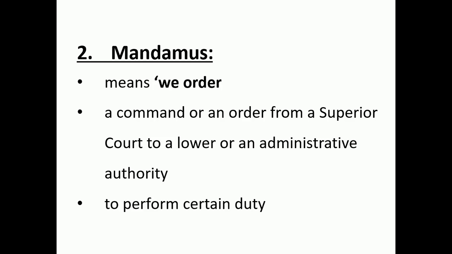That's why it has the meaning we order. Mandamus means we order. So I hope that you have got a very clear picture about the second writ, that is mandamus, we order. Let's move to the third writ, that is writ of prohibition.